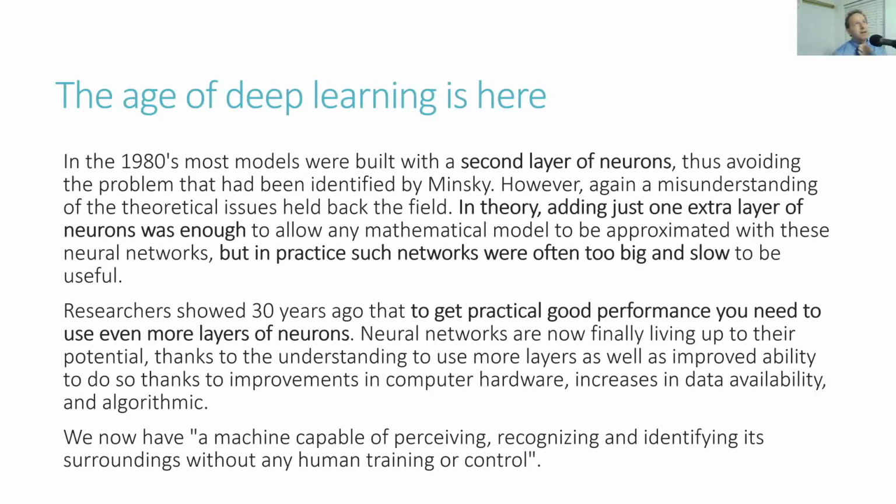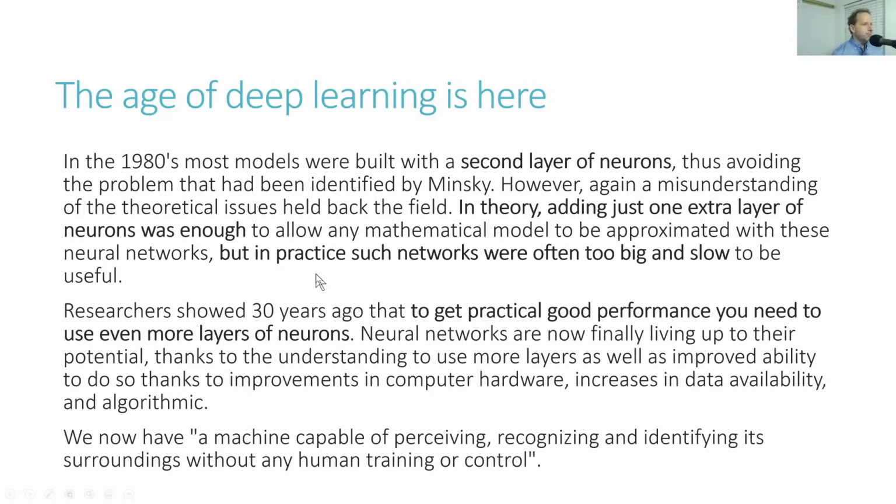I was a little bit later. I guess I was getting involved in the early 90s, and they were very widely used in industry. I was using them for very boring things like targeted marketing for retail banks. It tended to be big companies with lots of money that were using them. And it certainly was true that often the networks were too big or slow to be useful. They were useful for some things, but they never felt to me like they were living up to the promise for some reason.